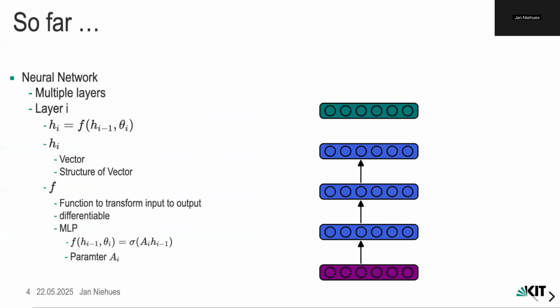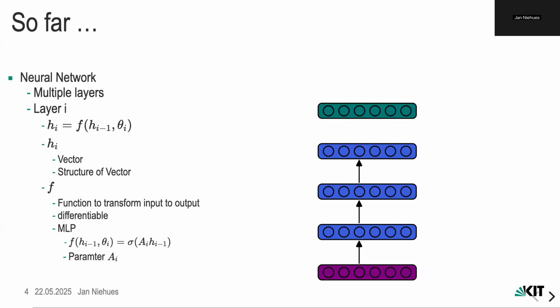And each of these layers is defined by some function. Our hidden state, we typically assume one of two things: either we have a vector that's a fixed-size representation, which is what we have mainly discussed in the architectures. Often it's not enough to just have a vector, so you want some structure of vectors.